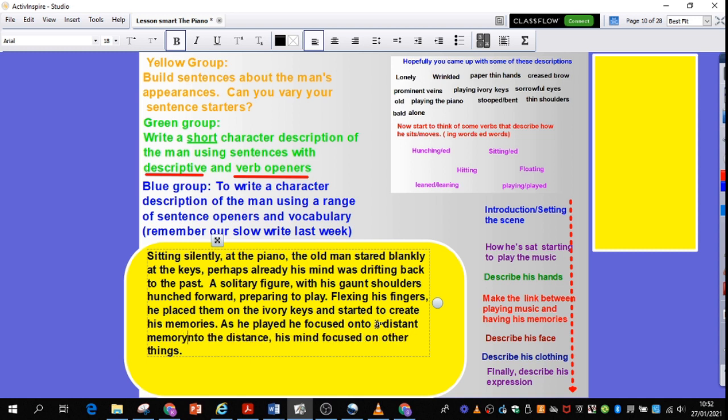And I'm going to take all that out. As he played, he focused on a distant memory. All the time from the past.